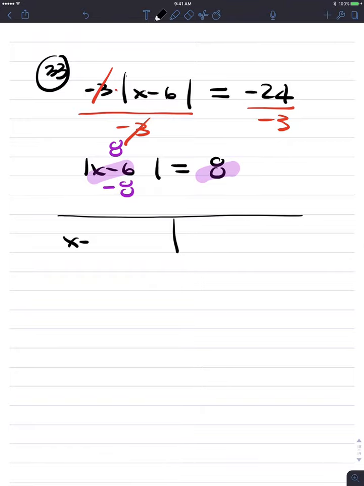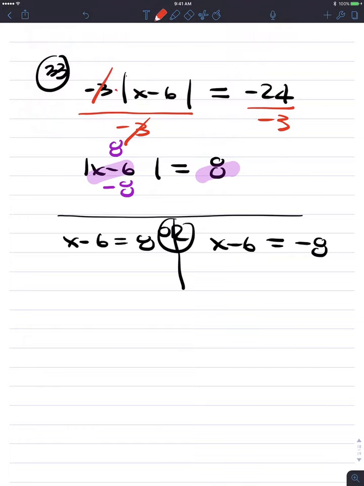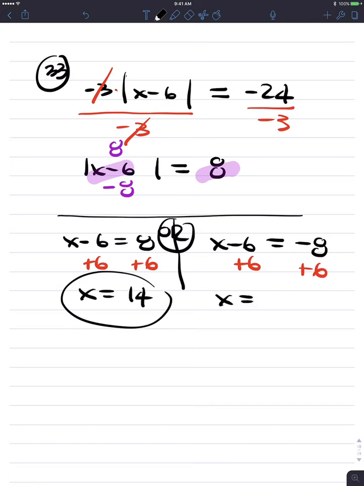So I have x minus 6 is 8, or x minus 6 is negative 8. Add 6 to both sides. We end up with x being 14, or x being negative 2.